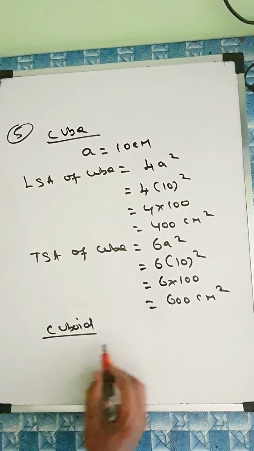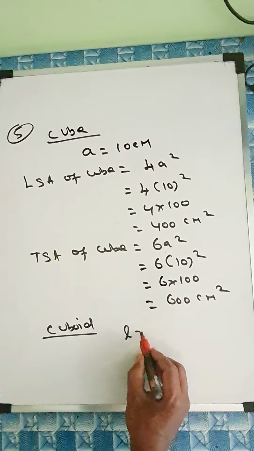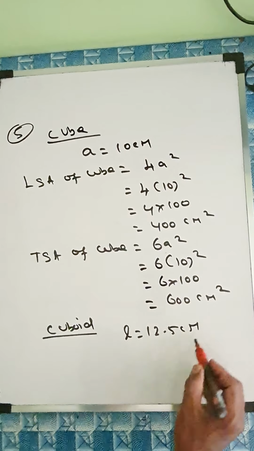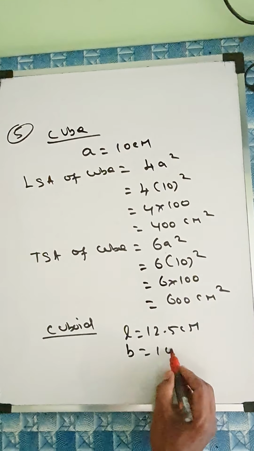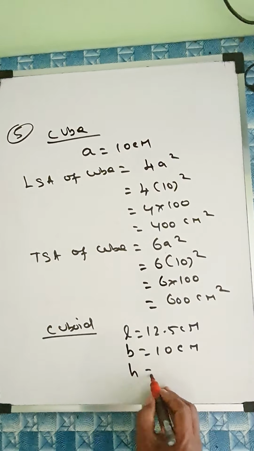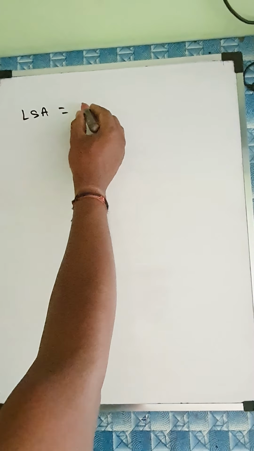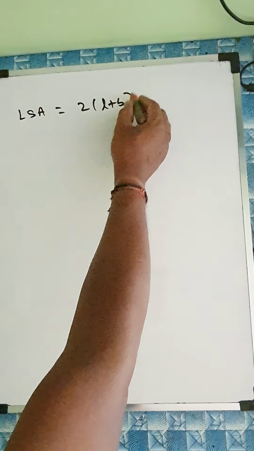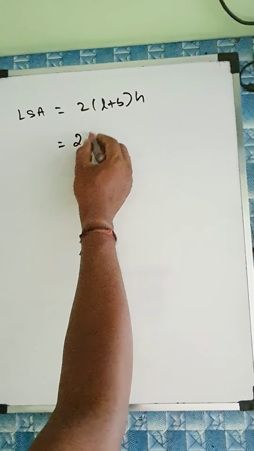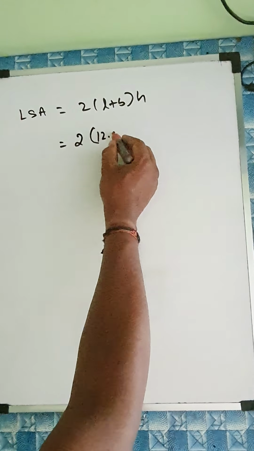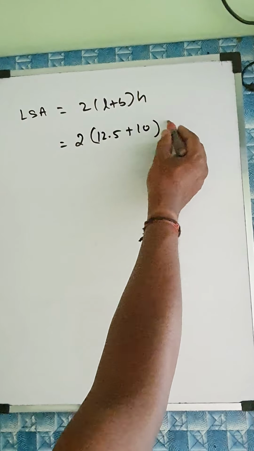Cuboid we'll find out here, what's given here, L is 12.5 and B is 10 centimeter and H is given 8 centimeter. So we'll find out LSA and TSA of cuboid. So LSA equal to 2 bracket L plus B into H. So 2 into L is 12.5, B is 10, H is 8.